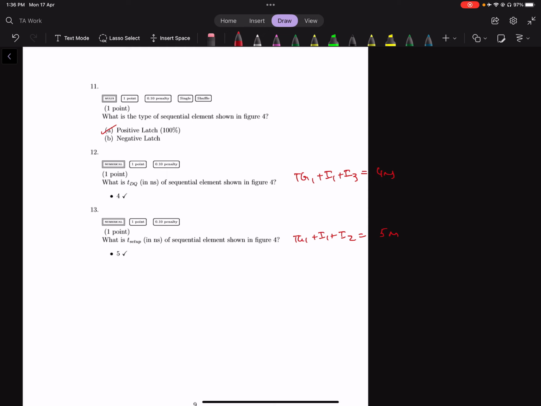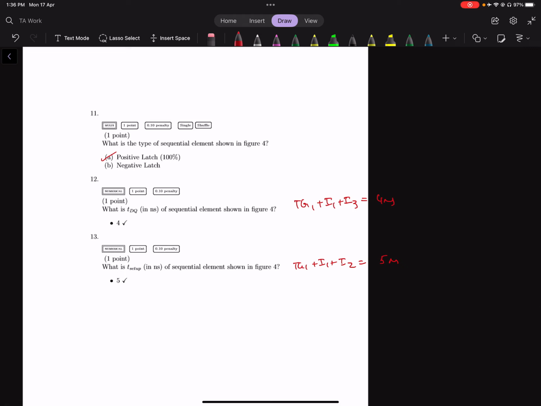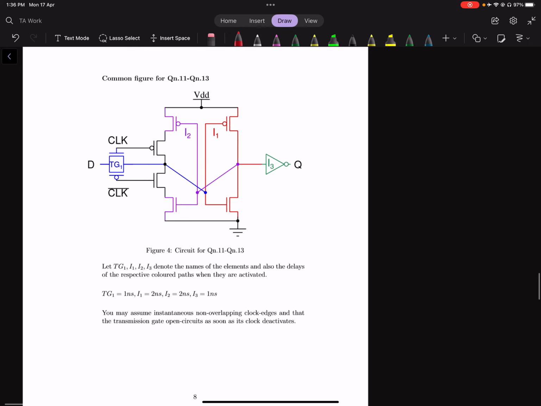The TTQ is basically the amount of time, when the latch becomes transparent, for the data to go from D to Q. So when this is transparent and this is opaque, which is the phase of clock equal to 1, clock bar equal to 0, it is the amount of time it takes for a change in D to appear as a change in Q.